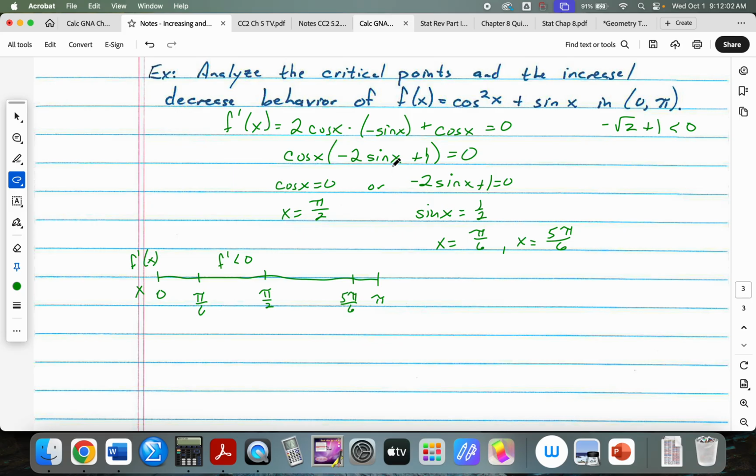Well, sine in the second quadrant is positive. So far we've got square root of 2 over 2 times sine in the second quadrant is positive. So this is going to be negative square root of 2 plus 1 still.